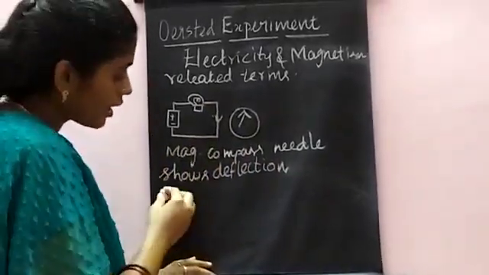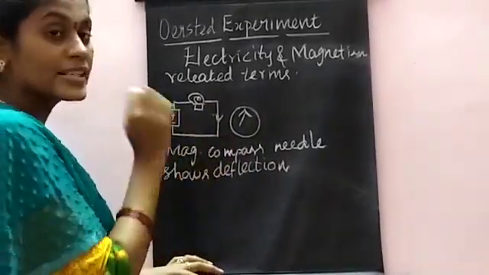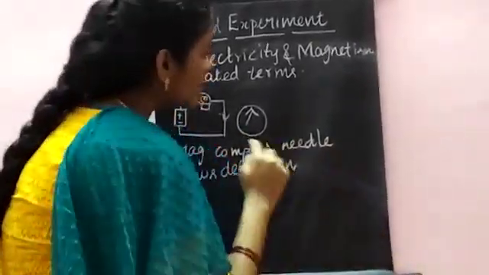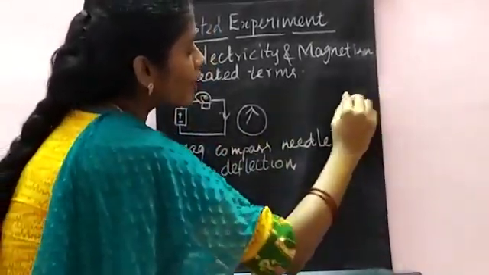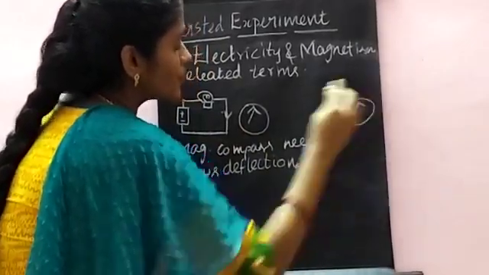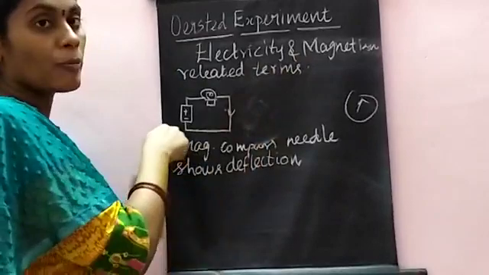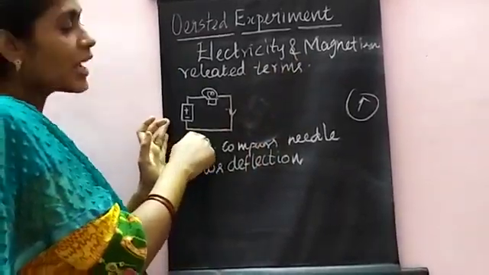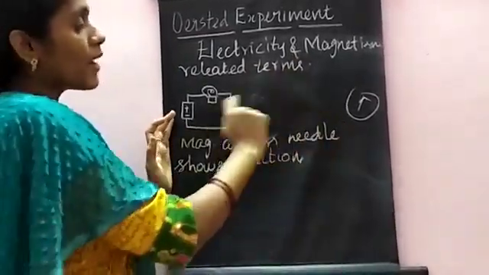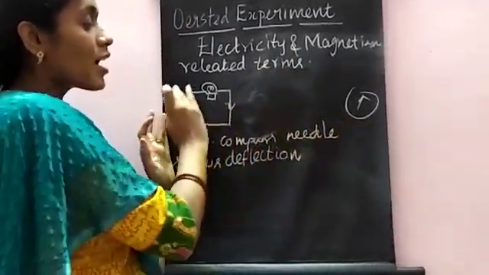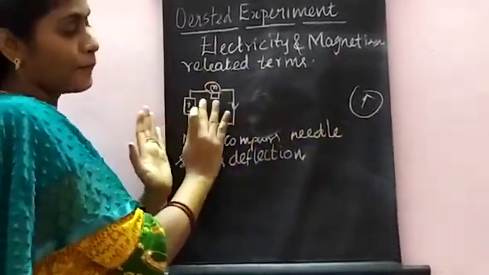In the second case, he did the same experiment and placed the magnetic compass needle far away from the circuit. In the first case, he placed the magnetic compass needle near to the circuit. In the second case, he placed it far away, but the current flowing in the circuit is the same.